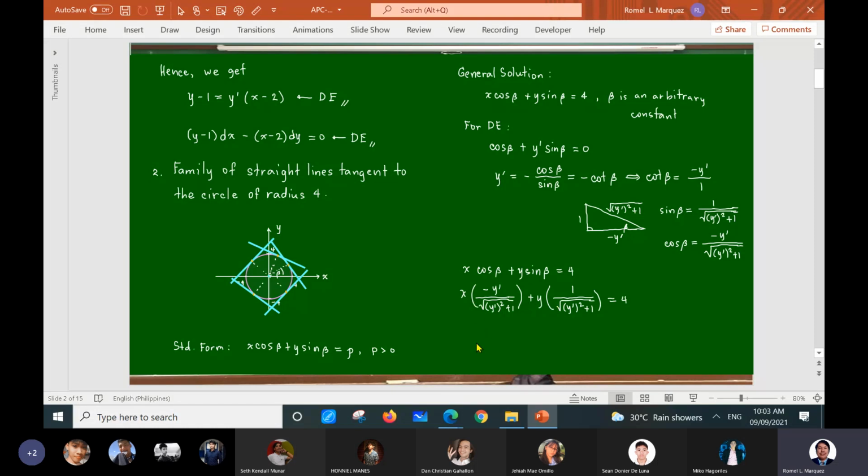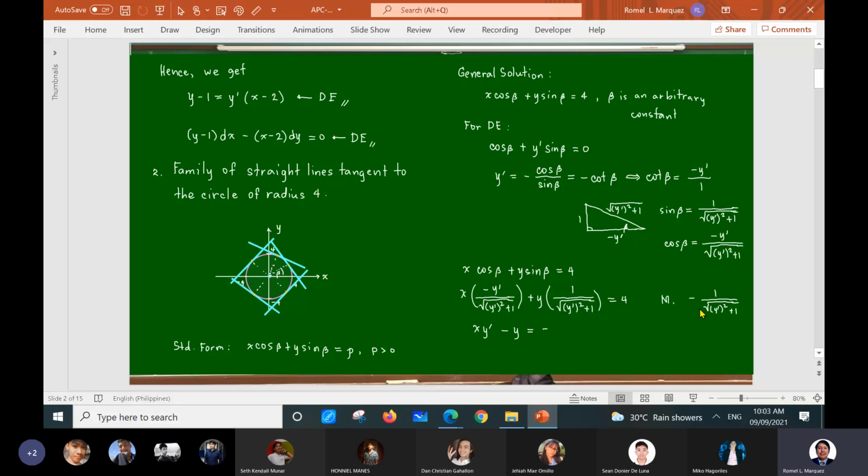When we multiply this by negative 1 over square root of y prime quantity squared plus 1, the first term is positive, but I want negative, so xy prime, no more denominator, plus negative y is equal to negative 4.